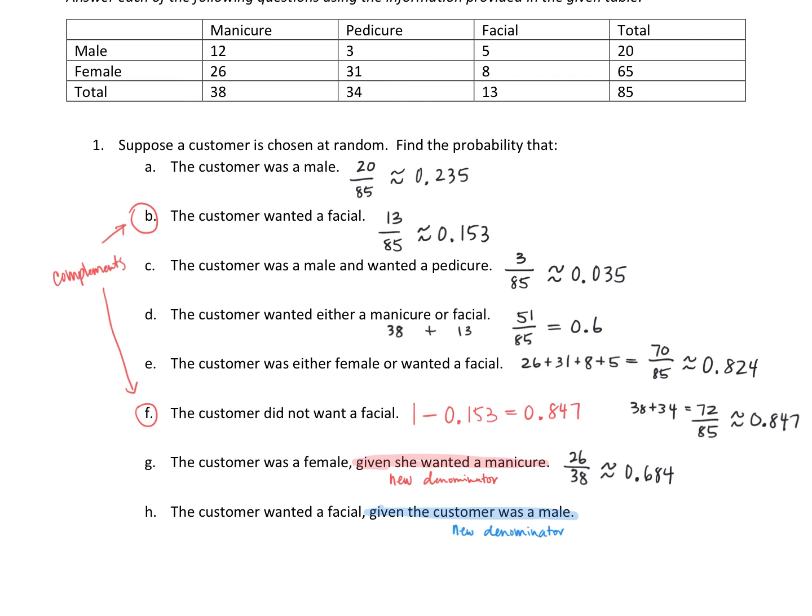So I'm going to find my males. The denominator is the total number of males, so that's 20. Given that they're male, how many males wanted a facial? So we're going to look for facial. 5 of the males wanted a facial. So 5 out of 20 wanted a facial. You can either reduce that fraction or you can just divide and you get 0.25.